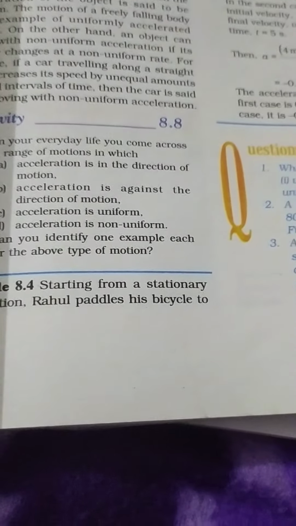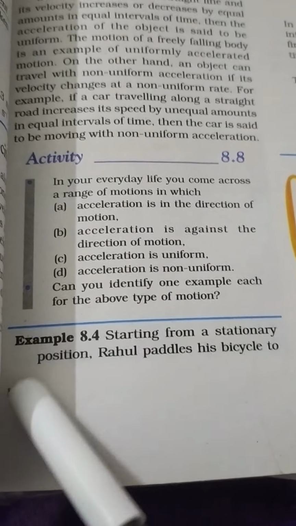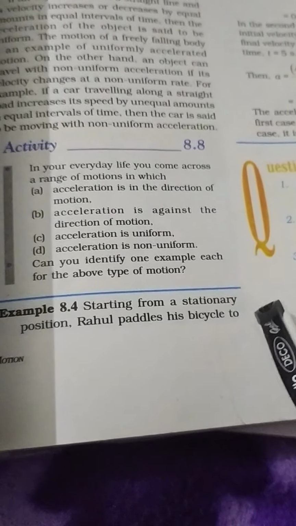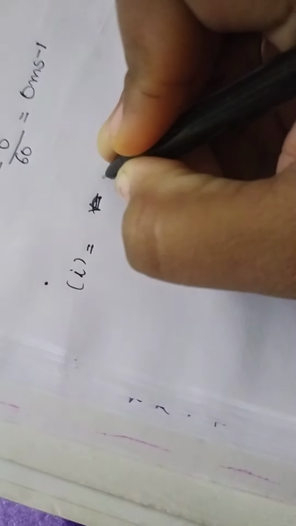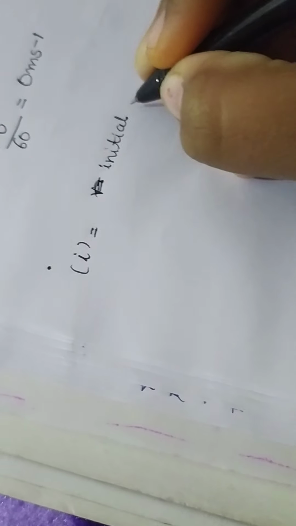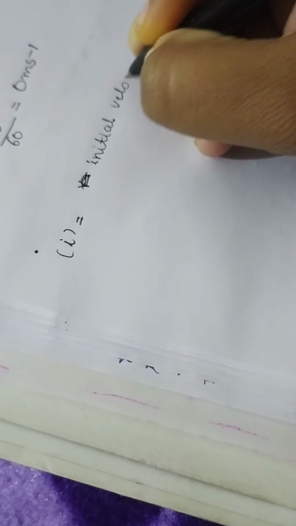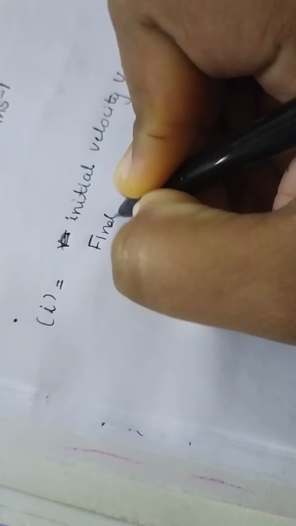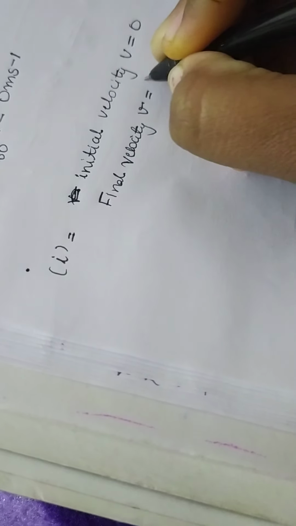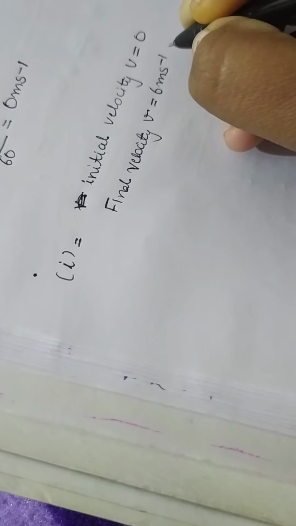Starting from a stationary position, Rahul pedals from a stationary position, वो जीरो पोजीशन पे था, उसकी कोई मोशन नहीं था, तो अपना इनिशियल वेलोसिटी, जहाँ से अपन स्टार्ट होते हैं, that is called our initial velocity, and our initial velocity means u is 0, and our final velocity means v is 6 meter second minus 1. मैंने आपको ये मार्क करने के लिए कहा था.